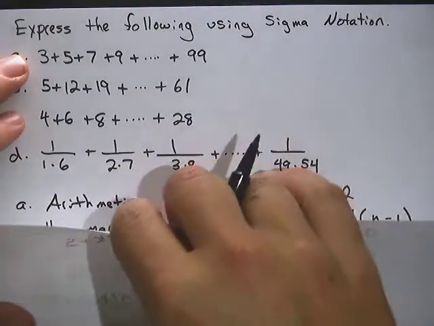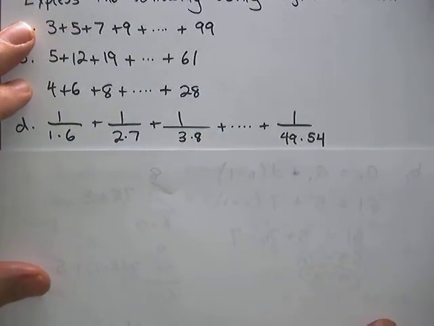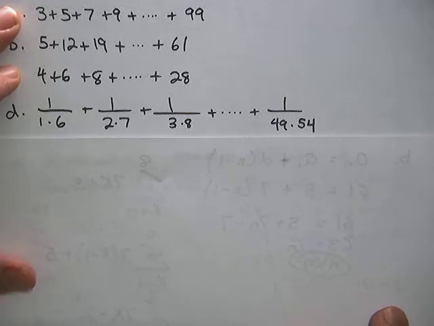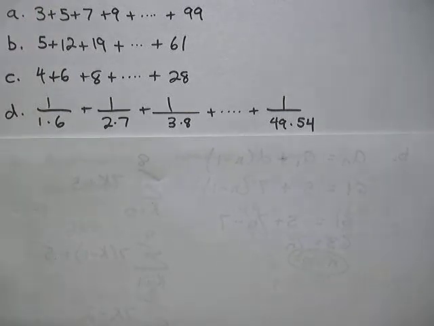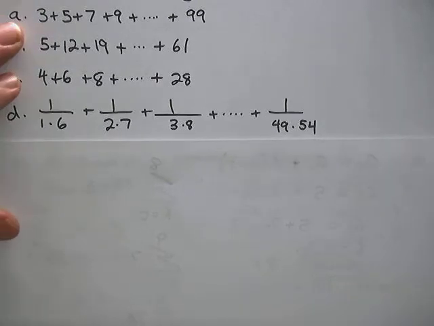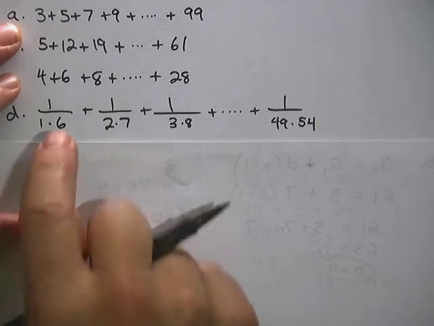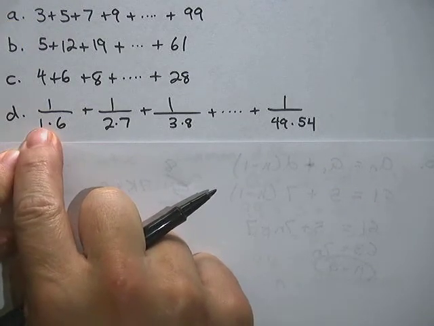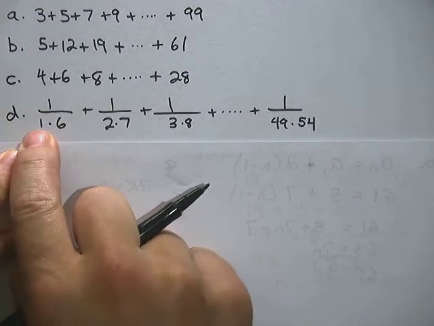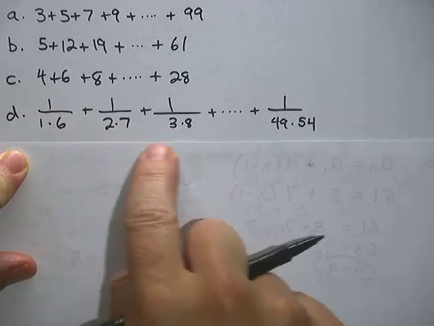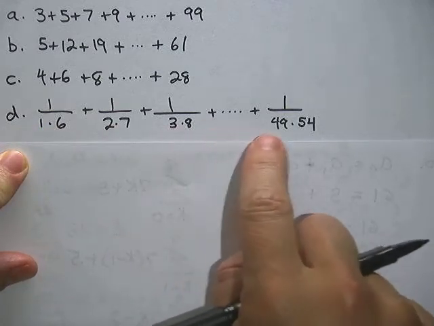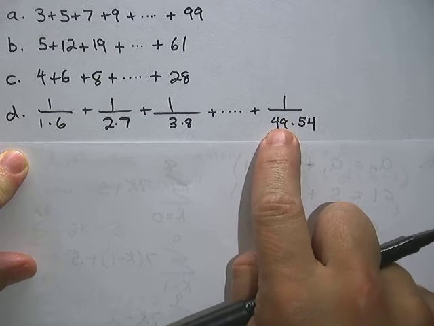Okay, and last, this one. This one's a little different. Okay, so we're going to have to look at this slightly differently. We can still see the number of terms. Let's analyze this thing. So we got 2 different numbers that are being multiplied on the bottom. It goes from 1, 2, 3. So that one's going up by 1 all the way to 49.